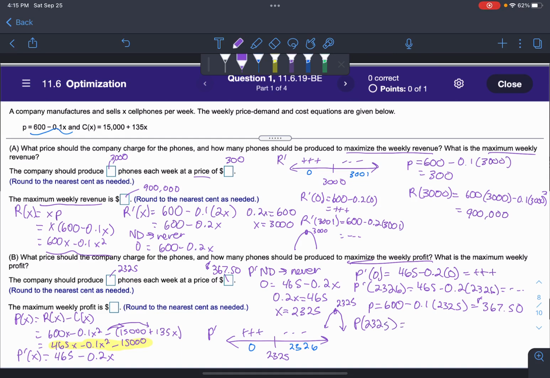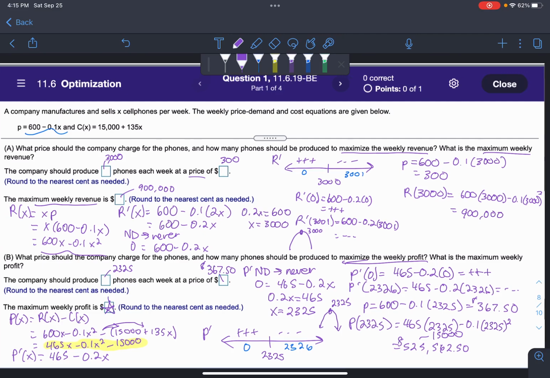So 465 times 2325 minus 0.1 times 2325 squared minus 15,000. And if you put that in the calculator, I got 525,562.50. And that will be the answer here.